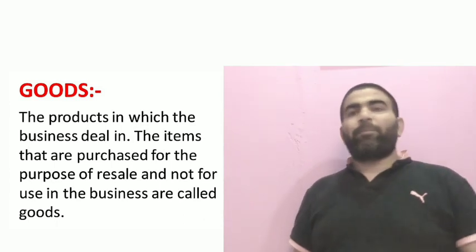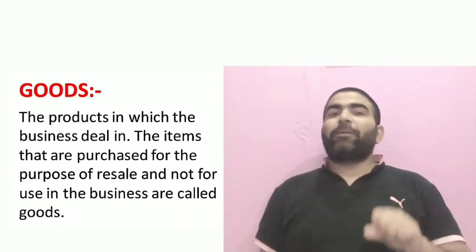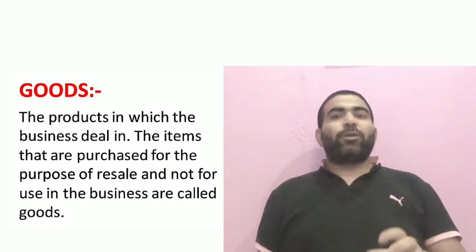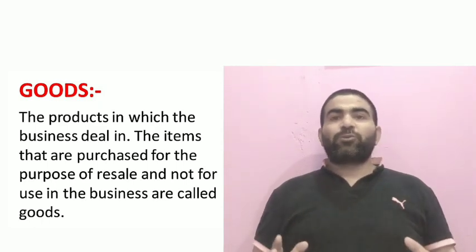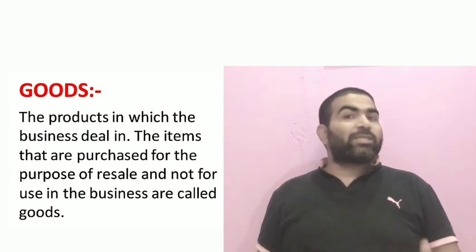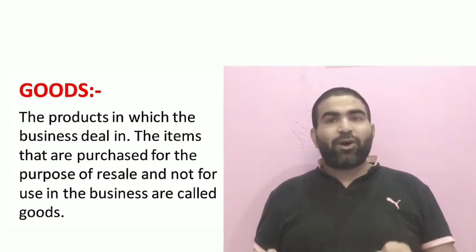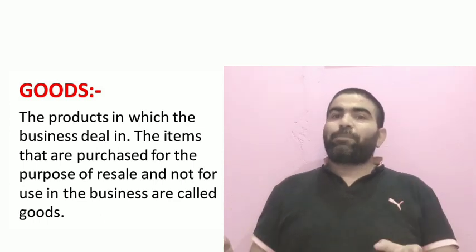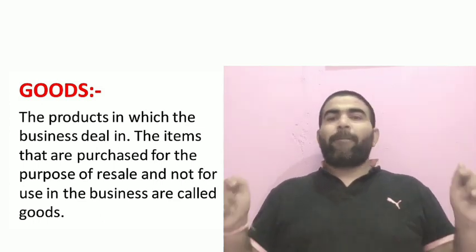But if you purchase a bike for business use, means you purchase a bike for the use of your manager or your salesman, it is known as an asset, because you are using that bike for the purpose of business.